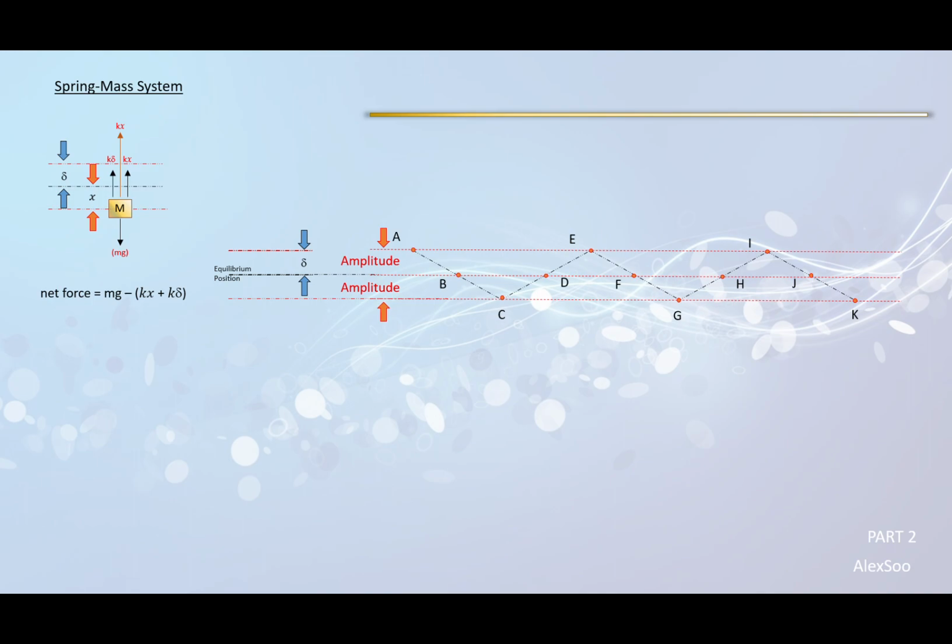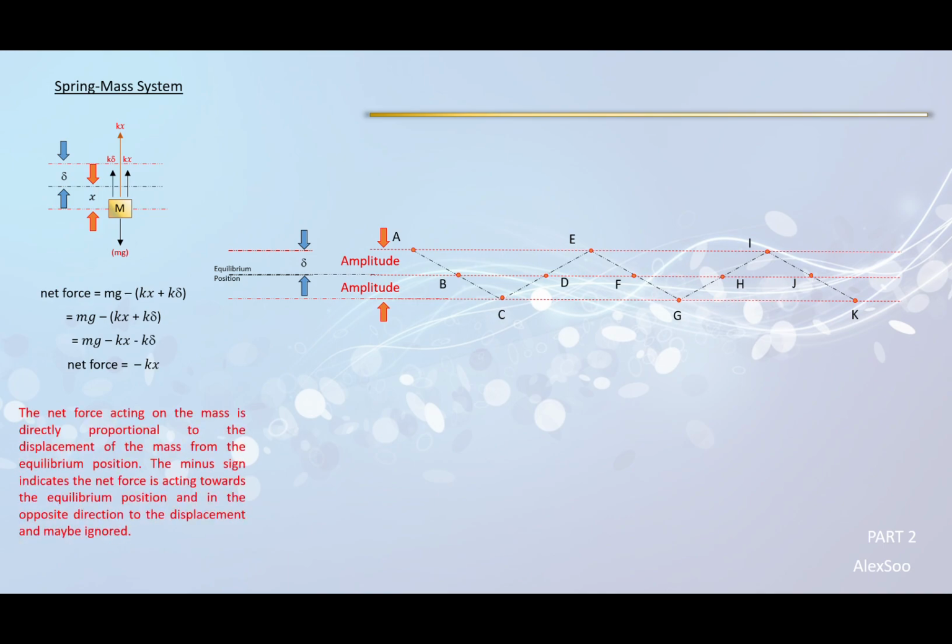Here we have mg, the weight, minus the total restoring forces. So the net force equals mg minus kx plus k delta, and at the same time the net force is also equal to ma. That is the inertial force.